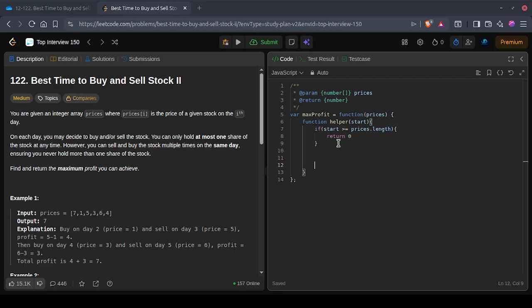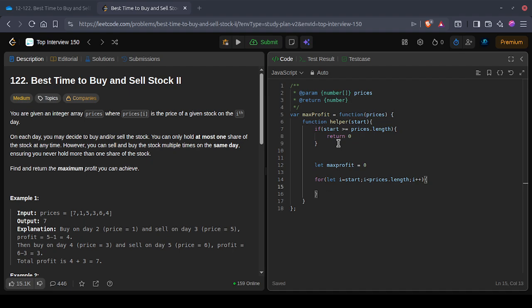Next we create a variable to store the maximum profit. Let maxProfit equal 0. And now we loop from the current day: for let i equal start, i smaller than prices.length, i plus plus.